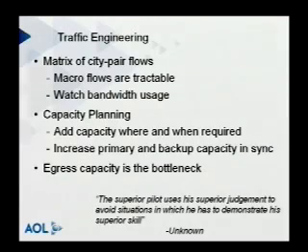So one thing we've noticed is that we have the matrix of city pair flows that tell us how our traffic goes. And macro flows, the law of large numbers, makes our flow tractable. We can pretty much predict day to day, week to week, how traffic will flow across the backbone. Traffic wants to go from the same places to the other same places on a fairly consistent basis.